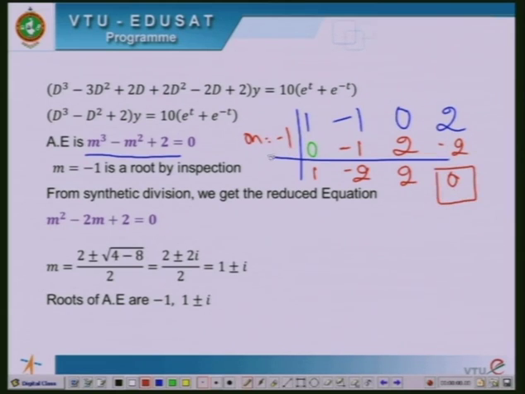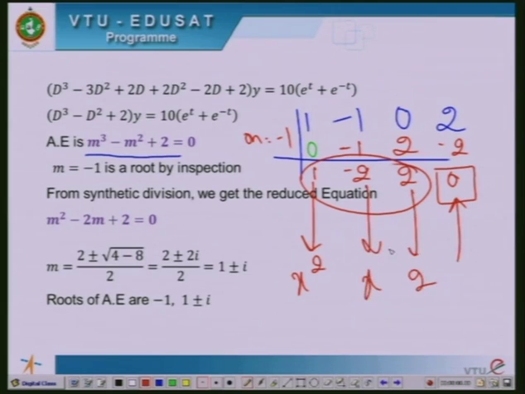So m plus 1 is a factor, and when you divide m cube minus m square plus 2 equals 0 by m plus 1, you get remainder 0. Now the new depressed, that is reduced, equation contains these terms as coefficients: 1 into m square minus 2 into m plus 2 equals 0.